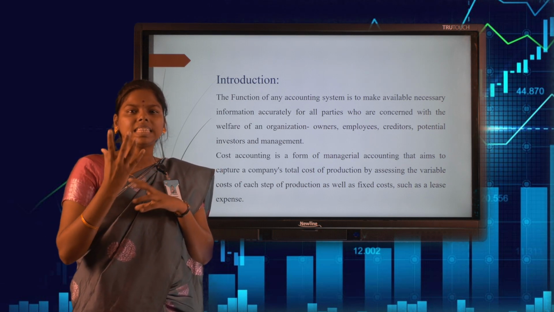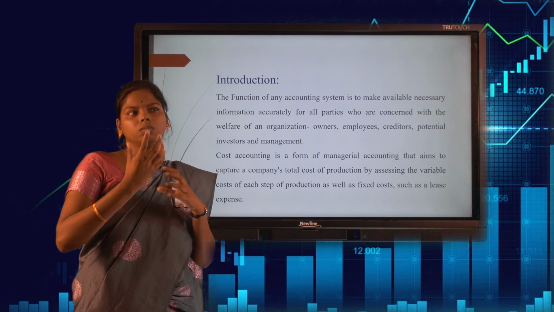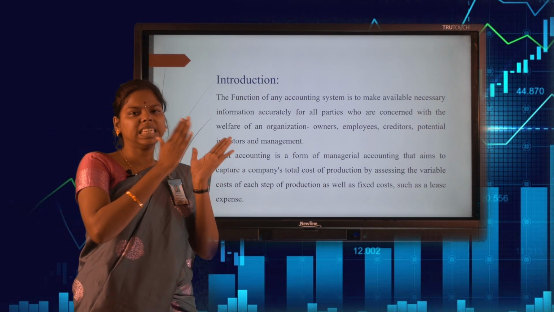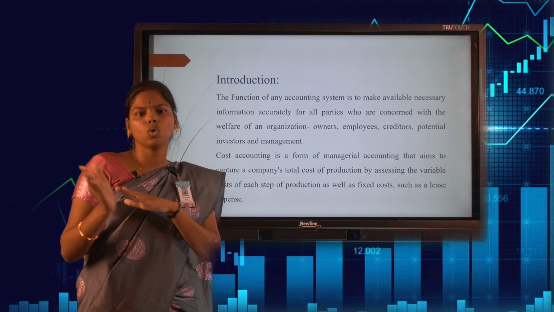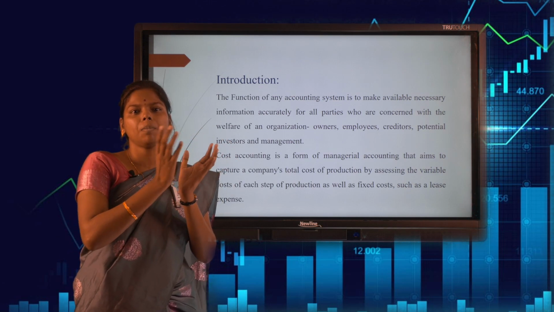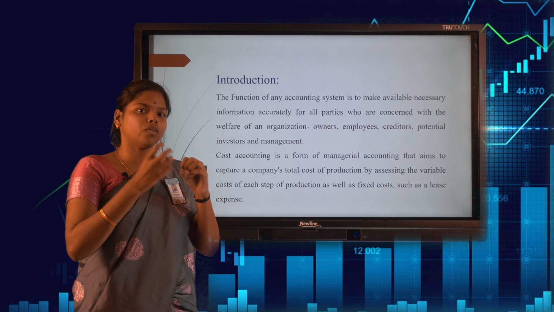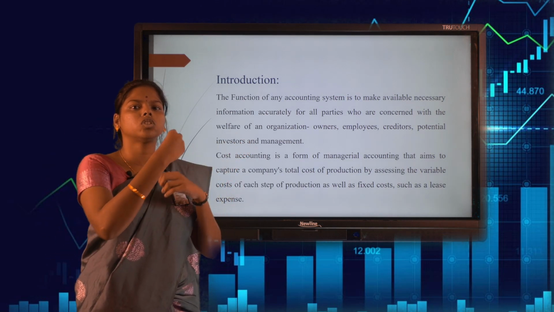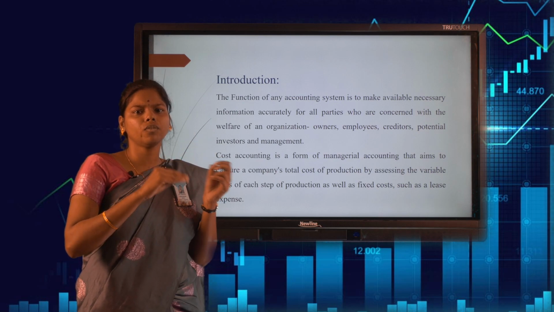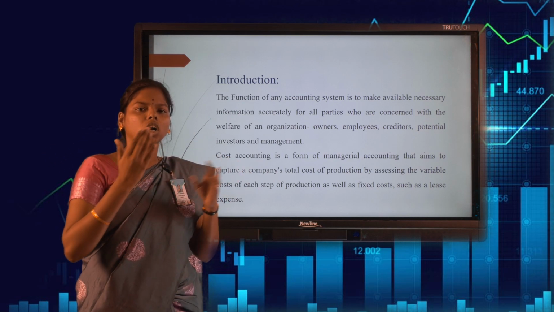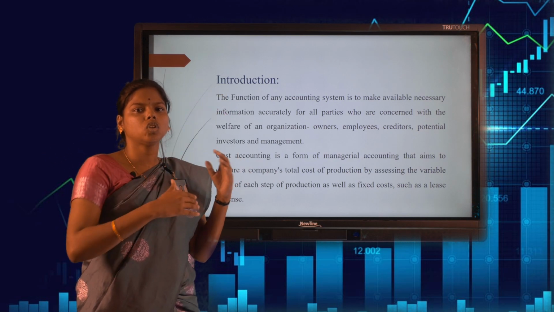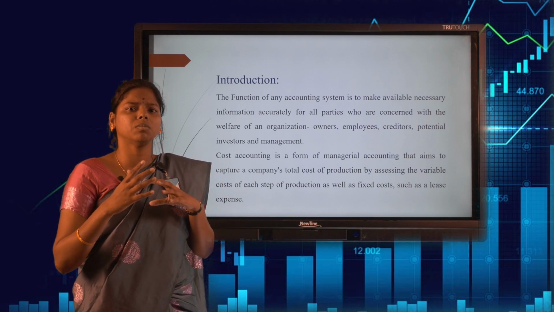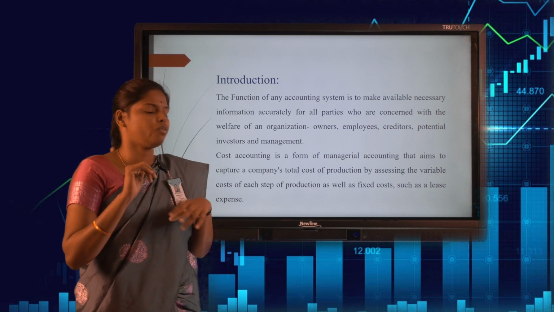Cost accounting literally talks about the total cost of the manufacturing period. It helps to reduce the cost of a product. If cost is reduced, the product sales volume also increases. If the sales volume increases, automatically the profit goes up. So for every business organization, the ultimate aim is to maximize the profit.